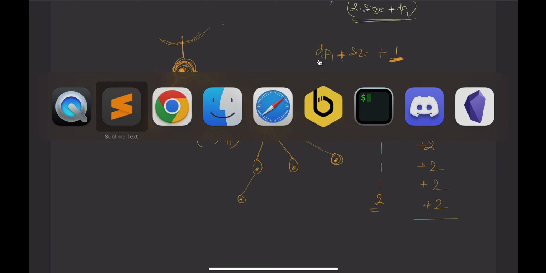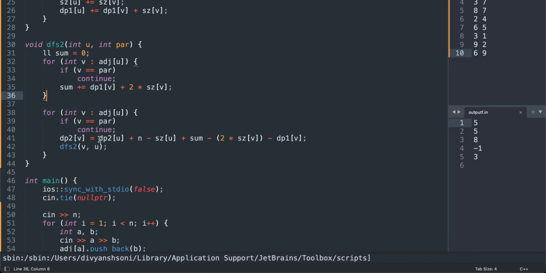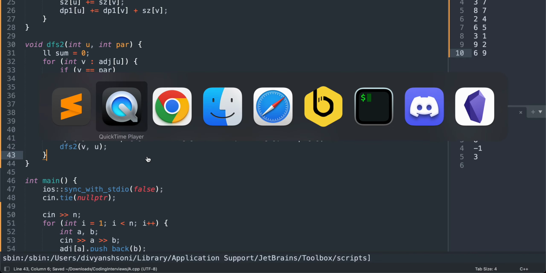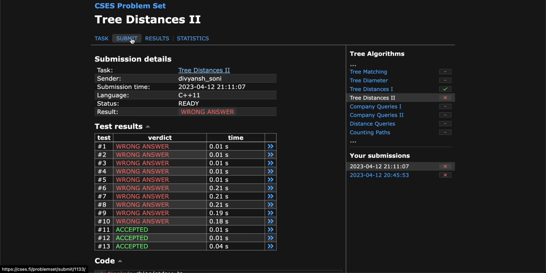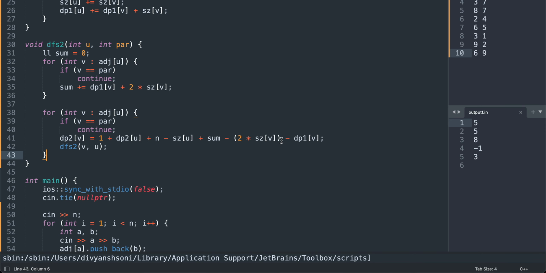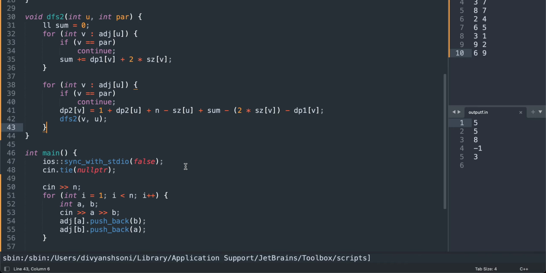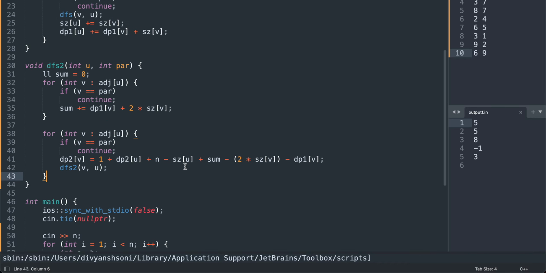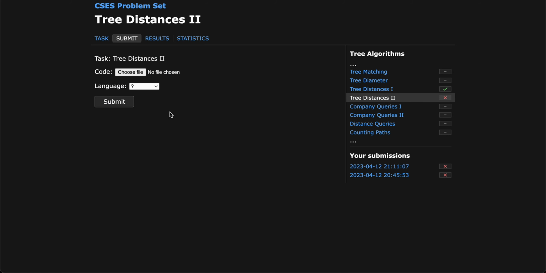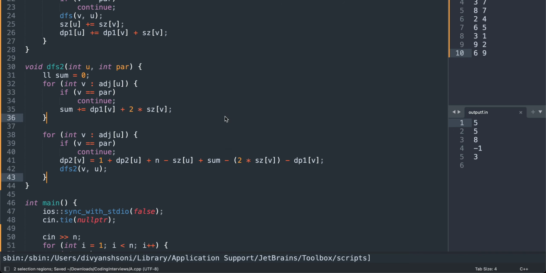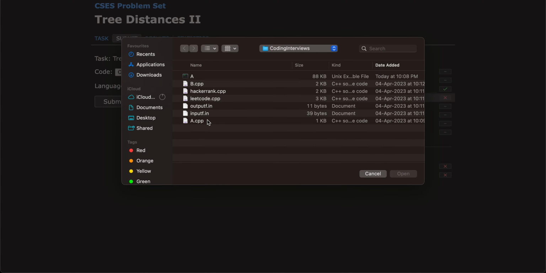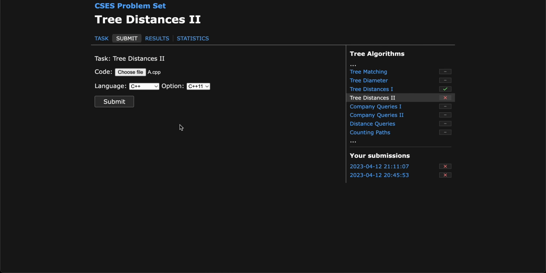Let's see. So dp2 will be 1 plus this. Let's try now. Everything is same. Okay, everything is same.